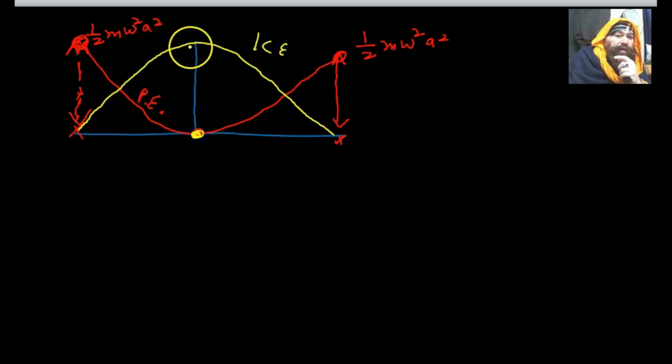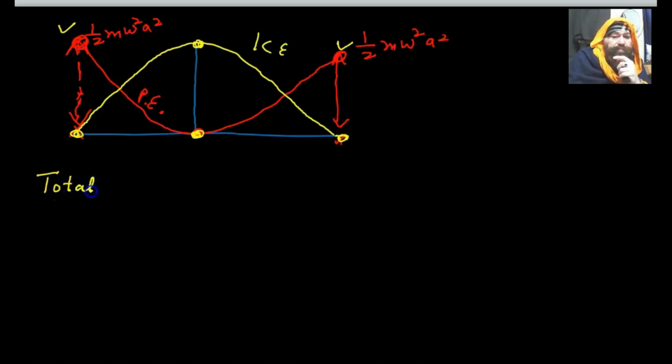So the point where potential is zero, kinetic is maximum. And the point where the potential is maximum, kinetic is zero.